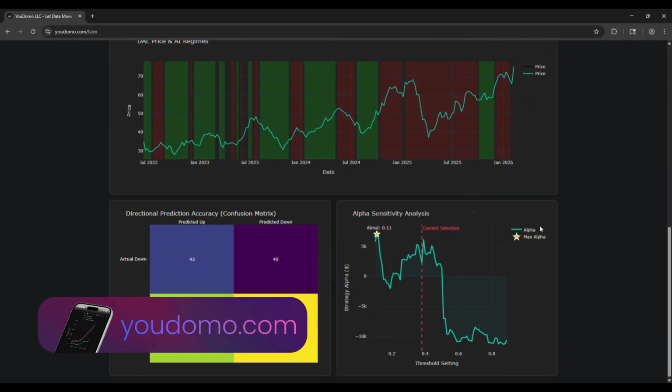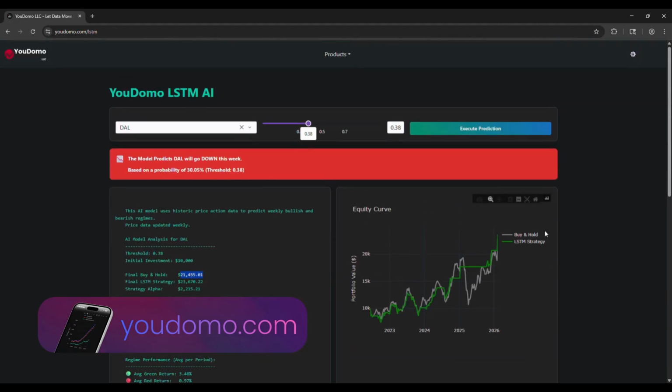Now, how can we use this AI model to our advantage? Since these are weeklies and my covered call strategy involves weekly covered calls, this AI model can help me decipher, hey, what's the probability of Delta or Amazon or Google going up this week? If the AI model is confident that Amazon will go up this week, perhaps I'd want to be a bit more conservative about the strike that I sell my short call at.